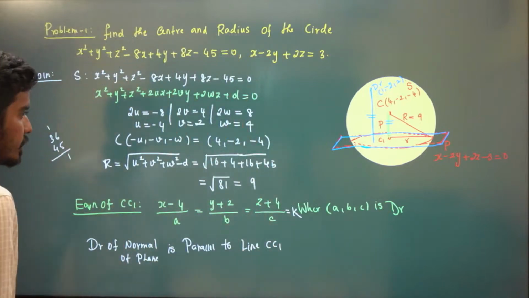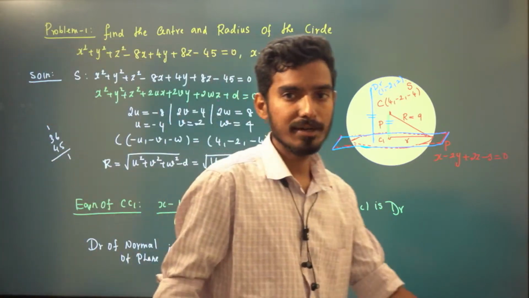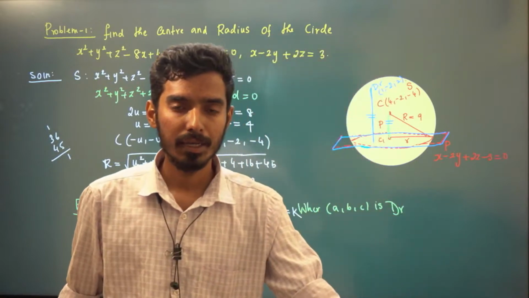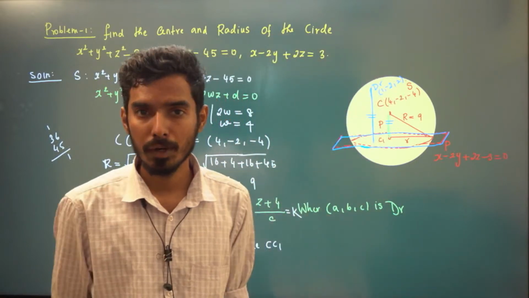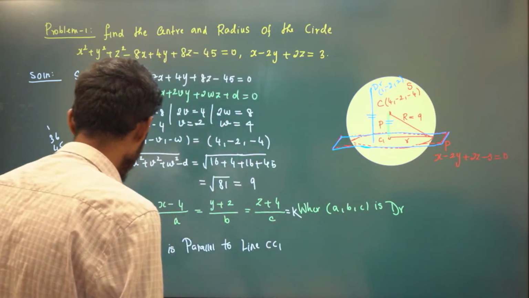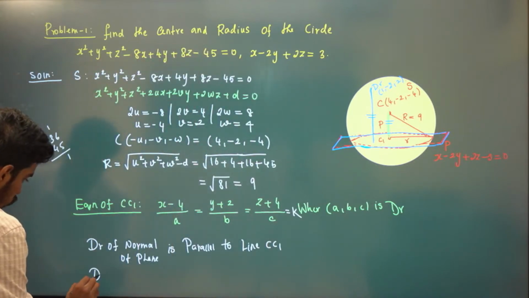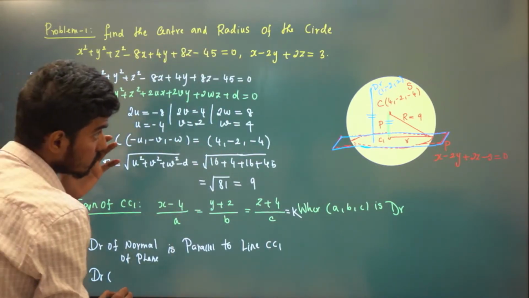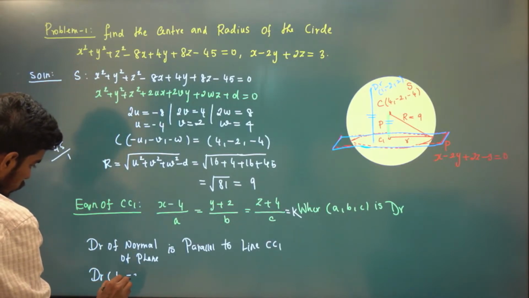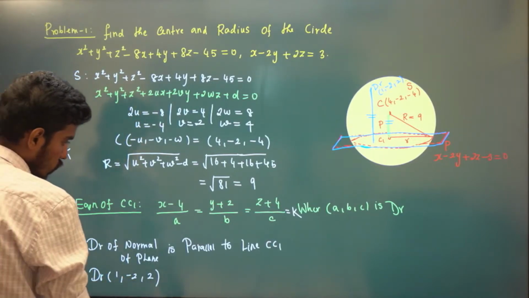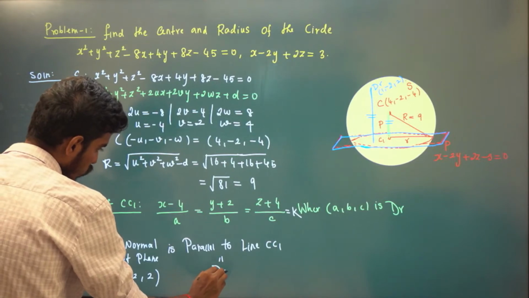So if two lines are parallel, the corresponding direction ratios are proportional. We know, right? A1 by A2 is equal to B1 by B2 is equal to C1 by C2. Now, what is the direction ratio of normal? It is 1, minus 2, 2. And what is the direction ratio of the line?